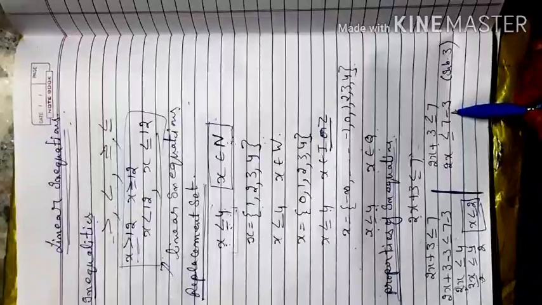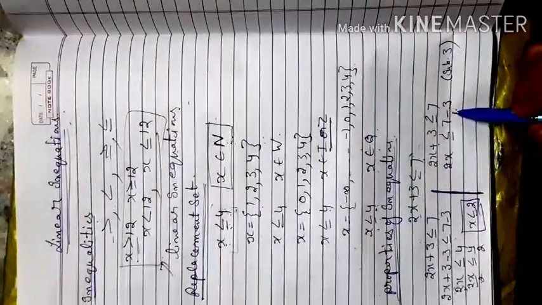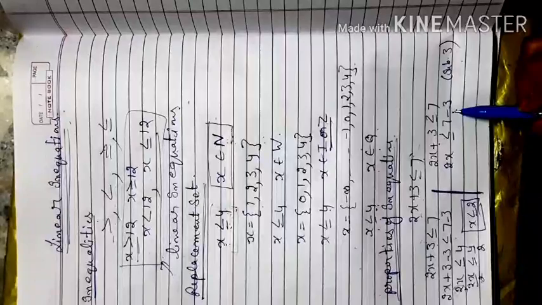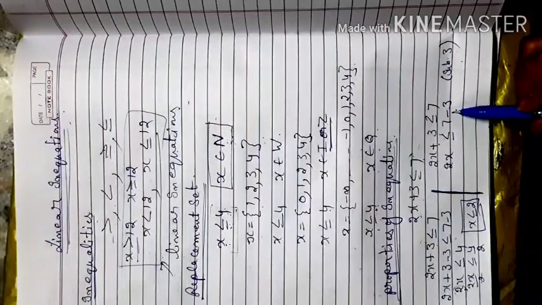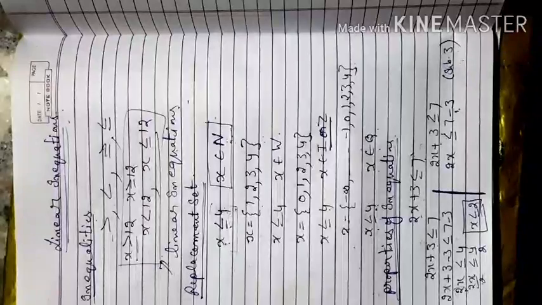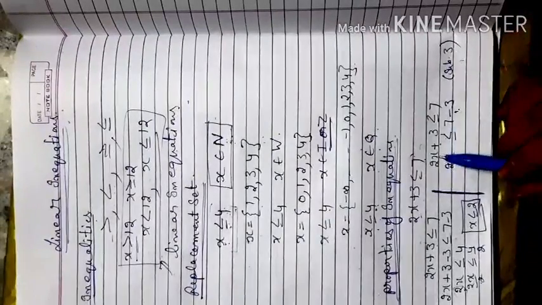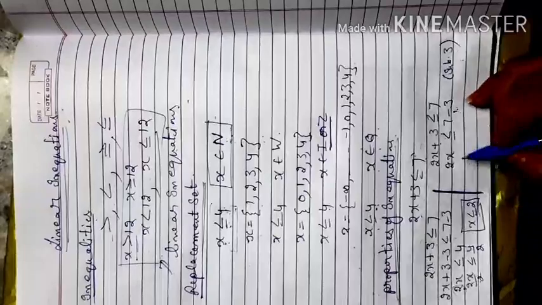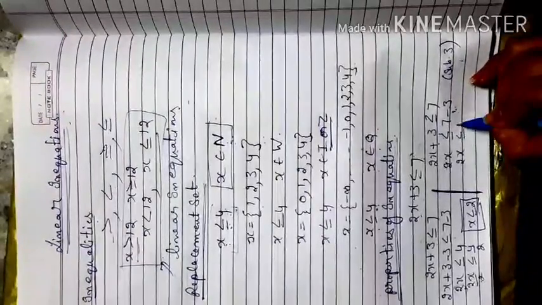So whatever sign is here, if there is a multiply sign, you have to write multiply 3. After shifting, if there is a division sign, you have to write divide. If there is a positive sign, you have to write add 3. But here, when I shift this one, the sign will be changed, so here it will be subtract 3. So this is 2x less than equal to 4.